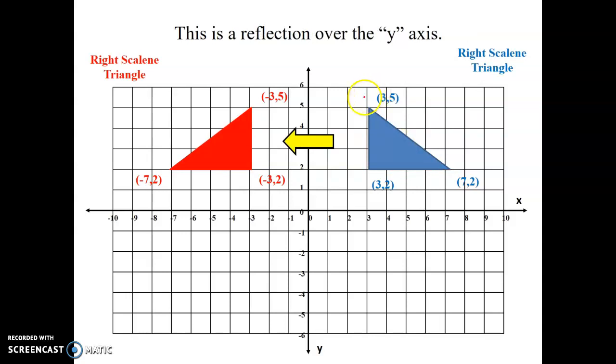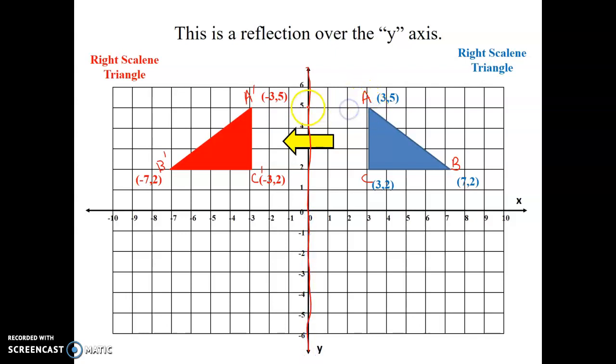Now let's look at what that means. If this is point A, B, and C, this would be A prime, C prime, and B prime. Look at their distance from my line of reflection. In this case, it's the y-axis.